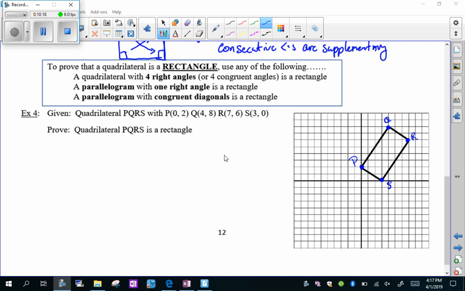All right, now, some approaches here. I'm going to look at the line segments, and I'm going to prove that these line segments are perpendicular to each other by looking at the slope relationships, and that slope relationship for perpendicular lines is negative reciprocals. So that's what I'm looking for.